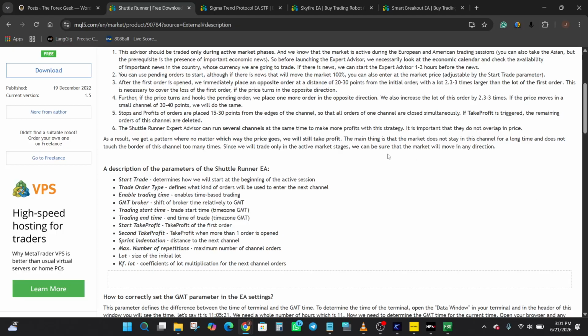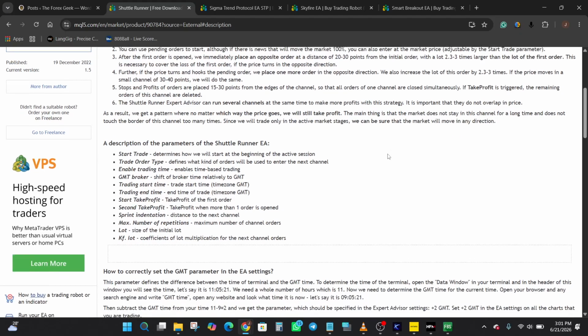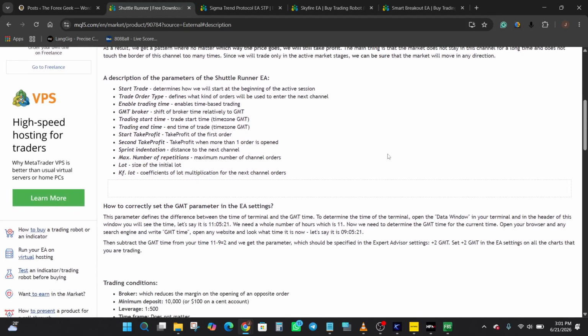Moving into the settings section, there are several parameters that control how the strategy operates. Traders can configure how trades begin, choose the order type used for additional channel entries, enable time-based trading, define trading hours, and adjust profit targets.